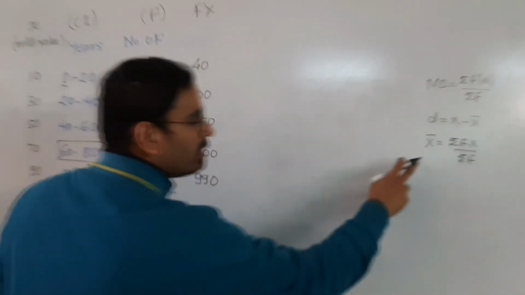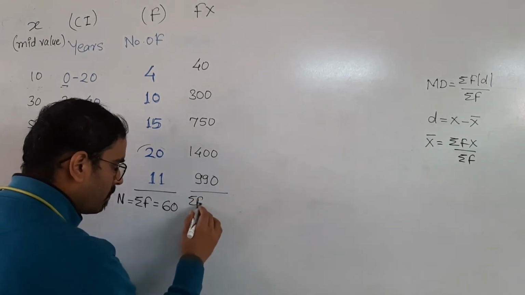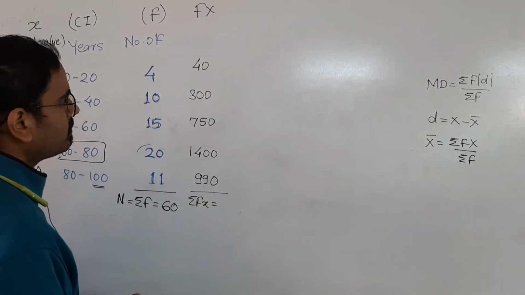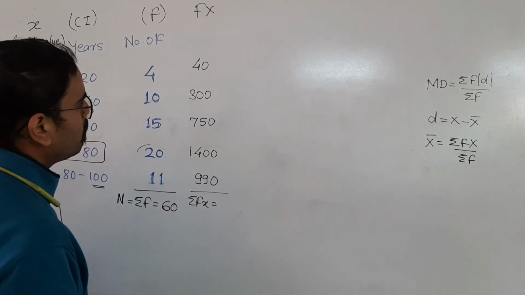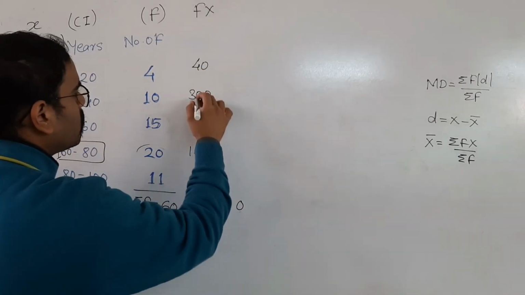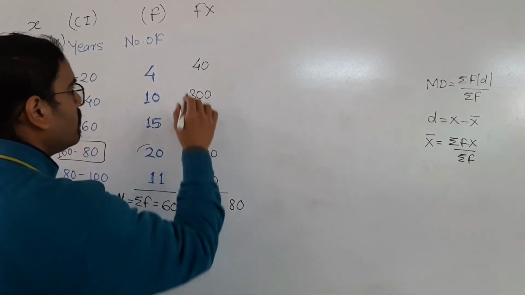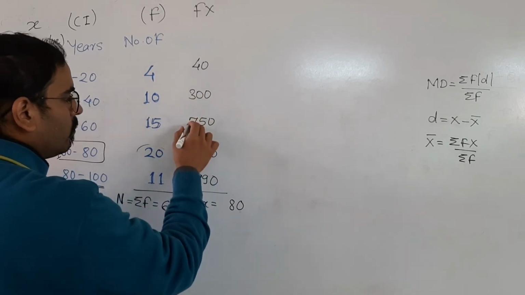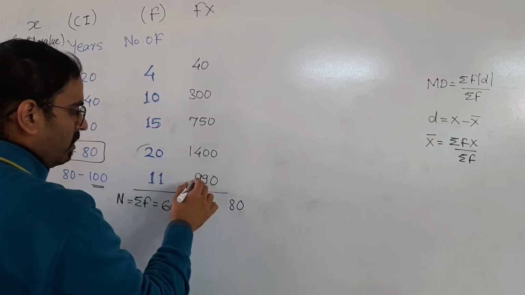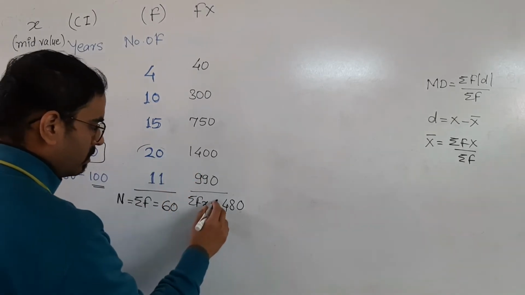Now we need to find summation fx. So we have to sum it up. Just calculate it. 0 0 0 0 0 4 5 9 9 9 18 18 8 carry 1 1 3 4 4 7 11 11 4 15 15 9 24 24 4 carry 2 2 and 1 3.